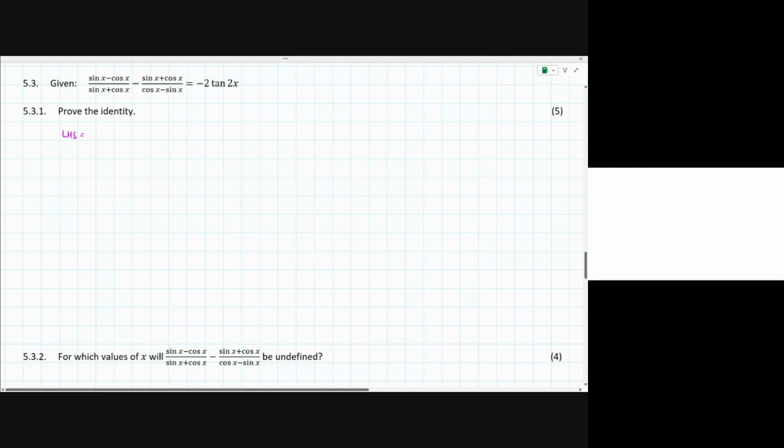All right, so guys, there's a few ways that you can deal with this question. It depends what comes to you, right? In terms of proving identities, there are a few things that we can look out for. First things first, can you apply your tan identity? So tan is sine over cos. Can you apply your squared identity? Sine squared plus cos squared equals 1. If you can't do any of those things, we move on to the next thing. Do we have fractions where we can find an LCD?